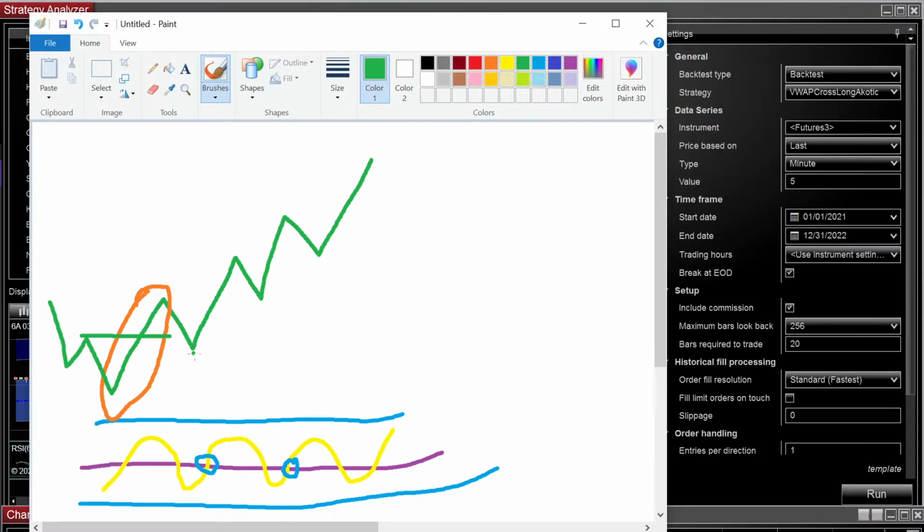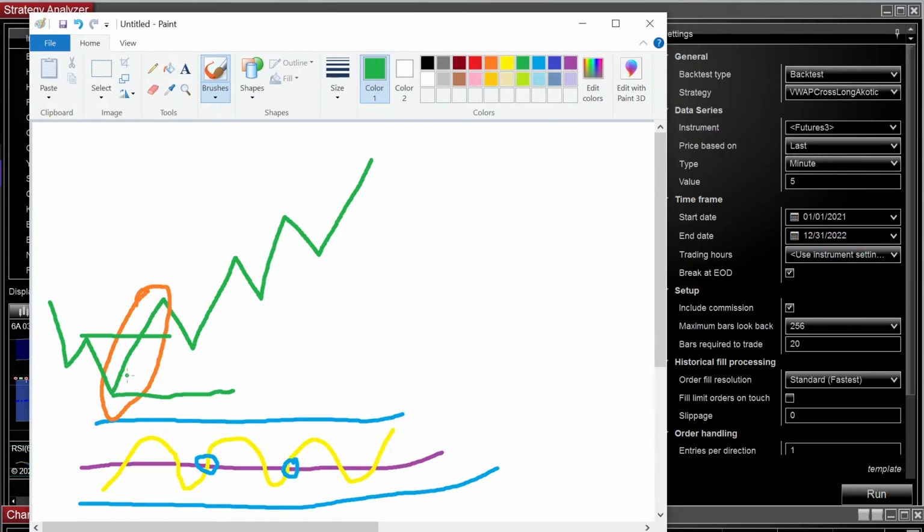And the only other thing we need to account for is when we stop looking for the trigger. Okay, so we can say that once we make a new high, we look for a trigger as long as price doesn't break the previous low. Price makes a new high, then we look for a trigger.